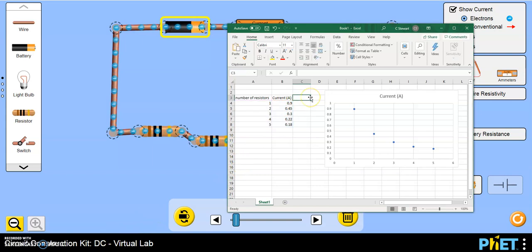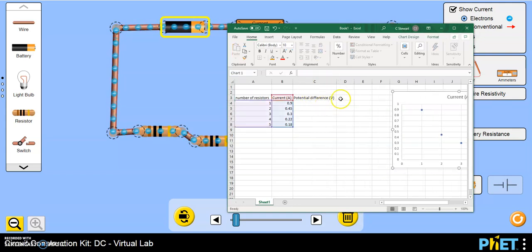So I can put in a little column that's potential difference, measured in volts, and I can add another column to calculate the resistance, measured in ohms, and I can do a quick equation, because this was all 9 volts, and we do the current underneath that potential difference, the voltage divided by the current.